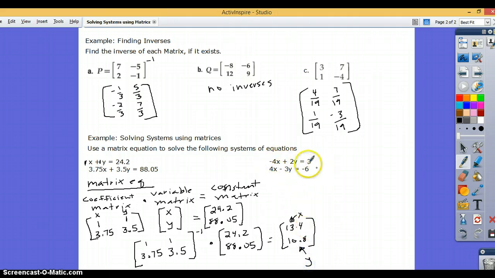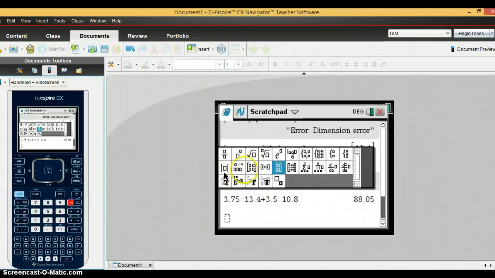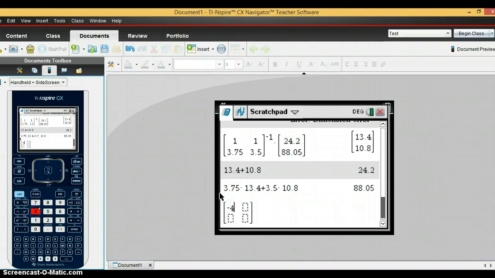Alright, so let's try this one. Our matrix is negative 4, 4, 2, negative 3. We want the inverse of that one times this one, 3, negative 6. So that's going to be a 2 by 2: negative 4, positive 4, 2, negative 3.